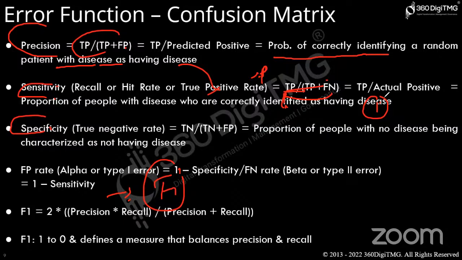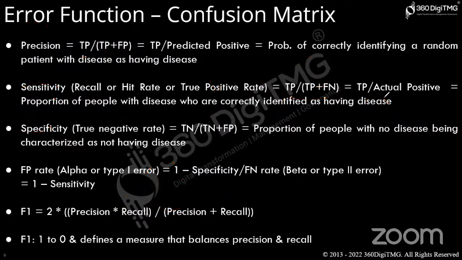In that case, it is a true positive, and this is called precision. That is the formula for precision: true positive divided by true positive plus false positive.